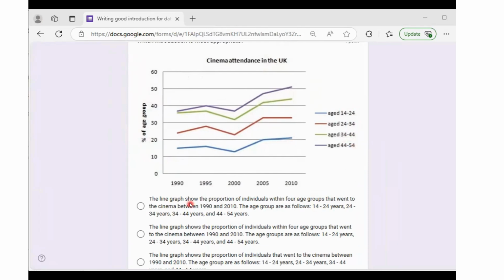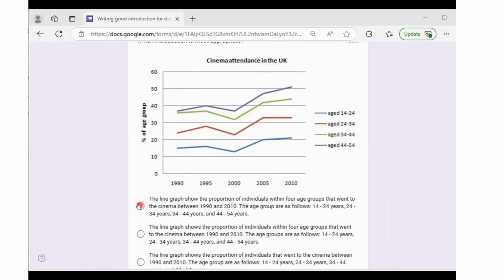That's correct. Between 1990 and 2010, that's correct. The only problem here is that it did not put the S. The age groups are as follows, so S is missing here, but I might still pick number 1.